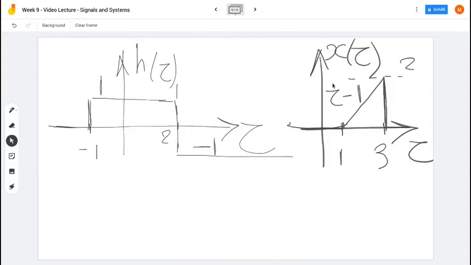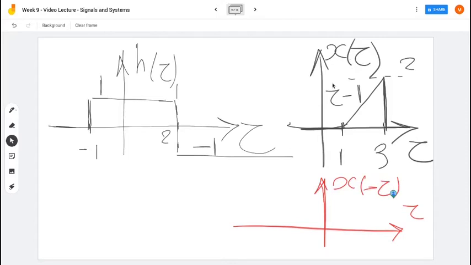I will actually choose to keep h of tau as is and mirror and shift x of tau. So first, mirroring x of tau, it will be x of minus tau, and it will be starting from minus 1 up to minus 3, and the straight line will go like this, and the equation of the straight line would be minus tau minus 1.